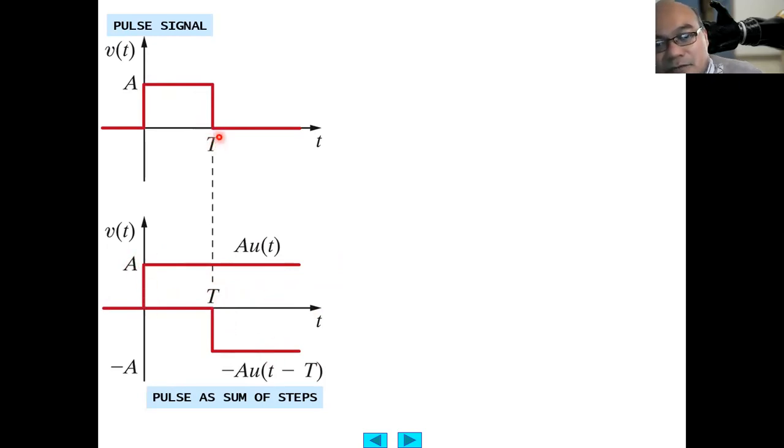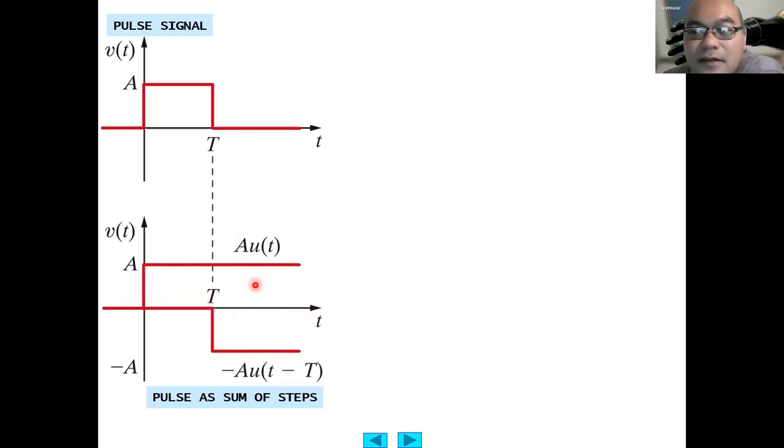After t equals capital T, this becomes 0 again. So this is the sum of A u(t) minus A u(t minus T), because this function occurs at t equals capital T but with minus. So this plus this equals 0.